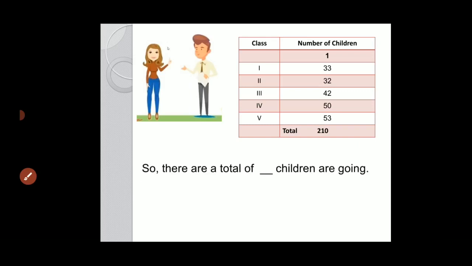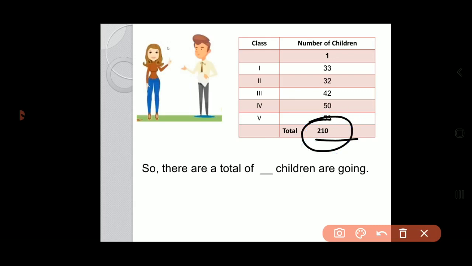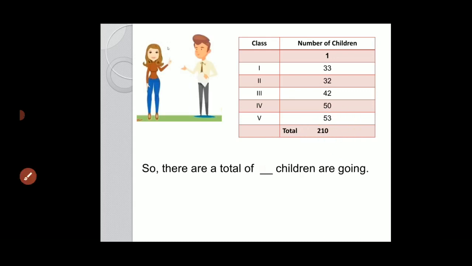So there are a total of dash children going. We have already found that the total number of children is 210, so we will write here the answer as 210.